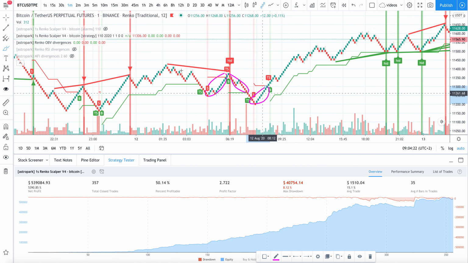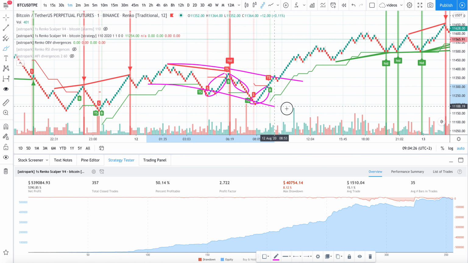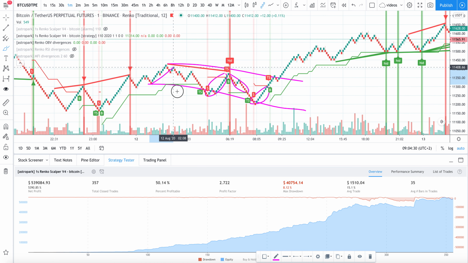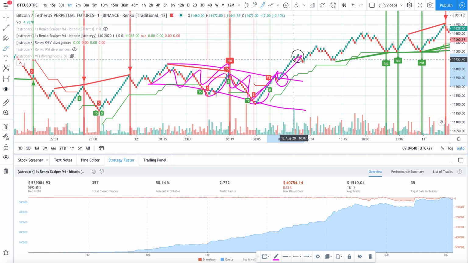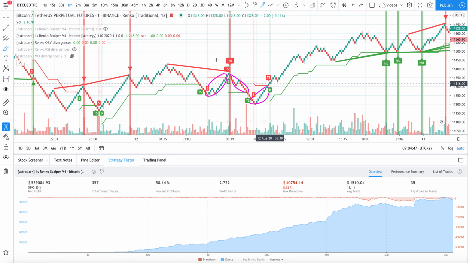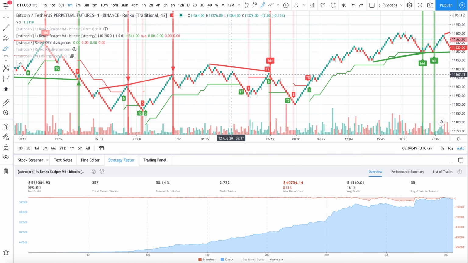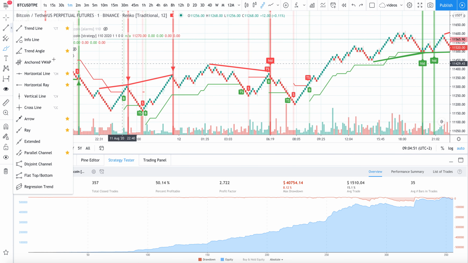Okay, this was some kind of consolidation in a channel, and then the real good trade. So it's normal that you can trade like this, and the signal is when you break and have a retest. So this is break, retest, and go. This is the real trade. So let's remove this and let's do something like this.